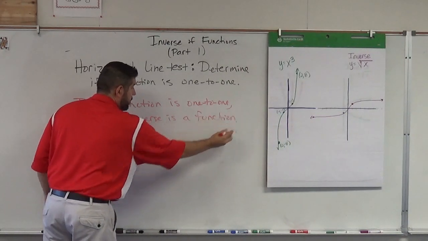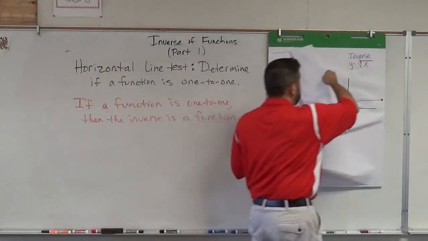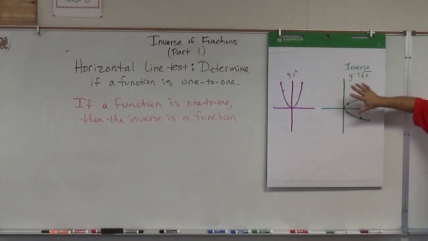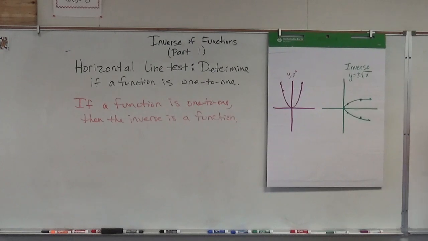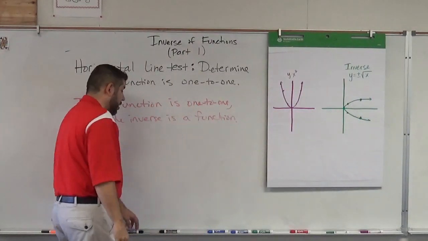Okay, so how do we determine if something's 1 to 1? Well, we'll take a look at the graph. Alright, so I've got another graph here. I've got here y equals x squared and its inverse y equals plus or minus square root of x. Now I already know the inverse, so that's why I wrote it up here already.